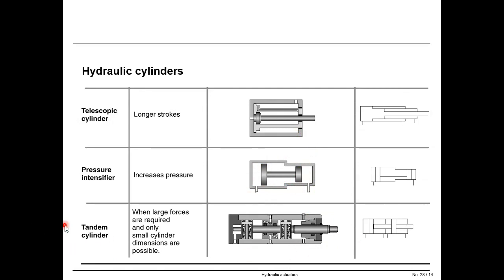So then another type of cylinder, or linear actuator, is the tandem type of cylinder. Tandem means if we want more force from the linear actuator, we use pistons and piston rods integrated in the same body, in the same housing. Like here, we have one piston and this is the second piston, integrated together via the piston rod.